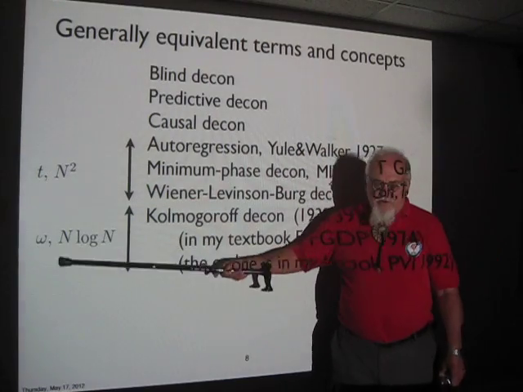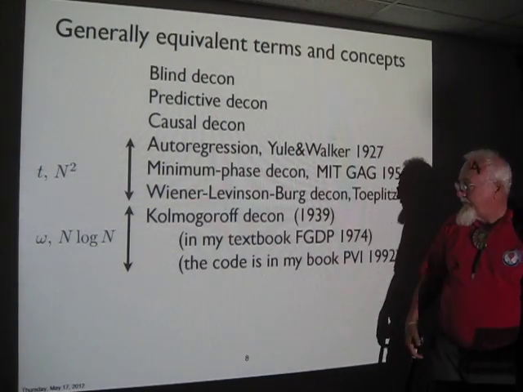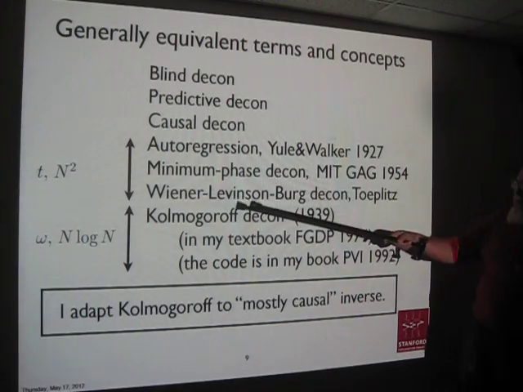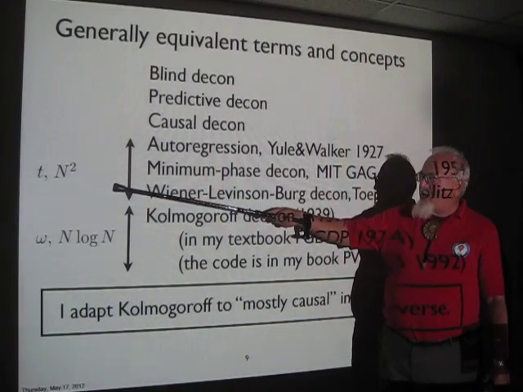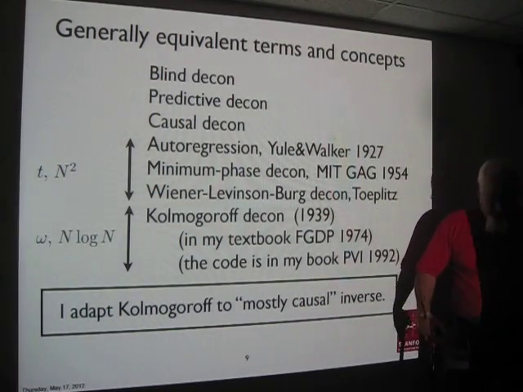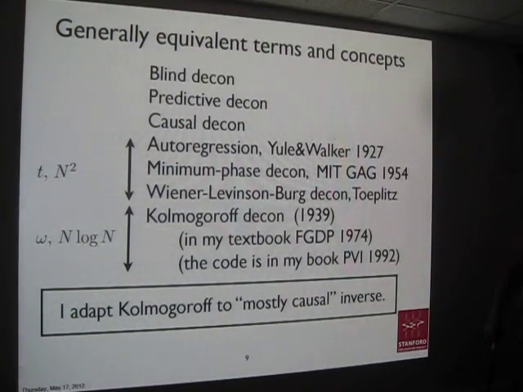It's in the frequency domain, and that's what I'm going to do today. I'm going to adapt the Kolmogorov method to what I'm calling the mostly causal inverse, examples of which you just saw. I would do this in the industry standard time domain if I knew how, but I don't. I only know how to do it in this frequency domain, but it's fine, and it works well. It gives good answers.